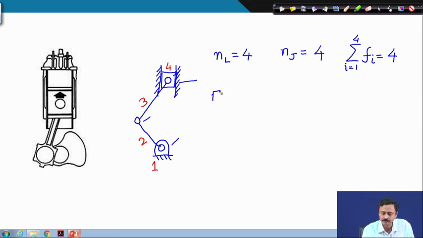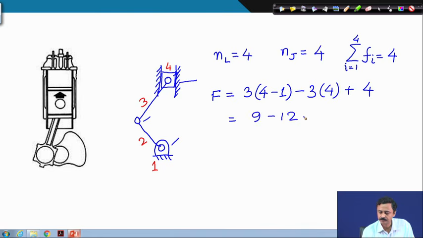Therefore, degree of freedom is 3 times (4 minus 1) minus 3 times number of joints, which is 4, plus summation of degree of freedom of all joints. That gives us a degree of freedom 1. And as we know, the IC engine has 1 degree of freedom. So, the piston drives the crank.